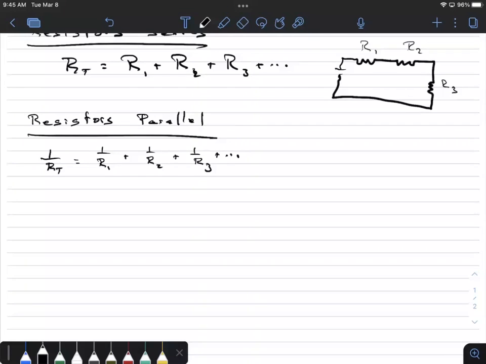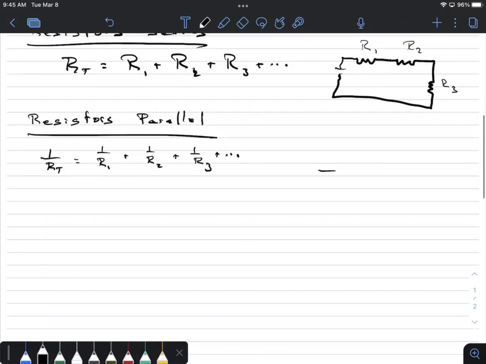Okay. Now, how do you know if resistors are connected in parallel? Well, here's an example. These two resistors are connected in parallel. How do I know? Well, again, try to visualize what the electrons are doing. As an electron leaves the voltage source, it reaches this point right here. And at that point, it now has a choice.